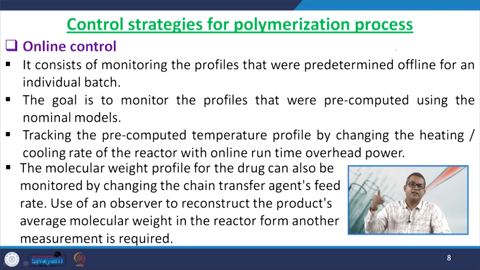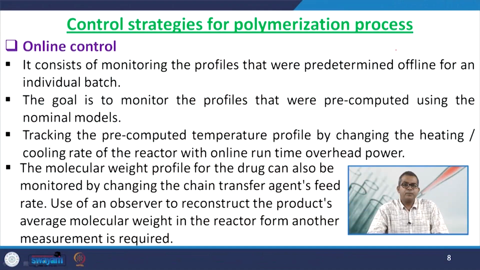It is just like you have pre-decided polymer properties and you are trying to control the various inputs to that particular polymerization reactor, maybe the flow rate, maybe the concentration, etc. Now, tracking the pre-computed temperature profile, sometimes by changing the heating and cooling rate of the reactor with online and runtime overhead power.